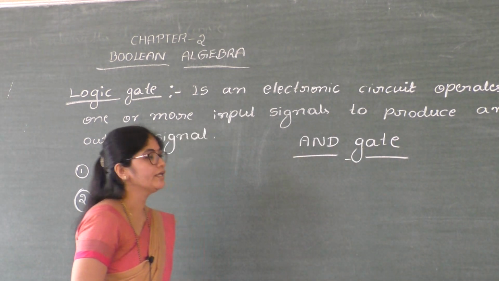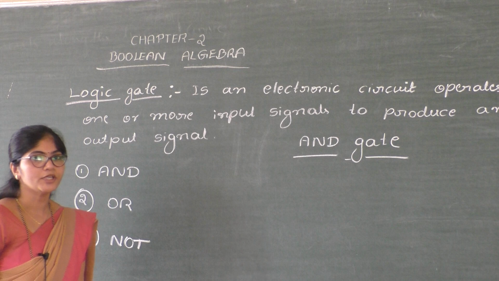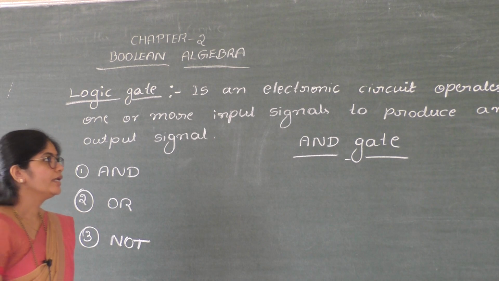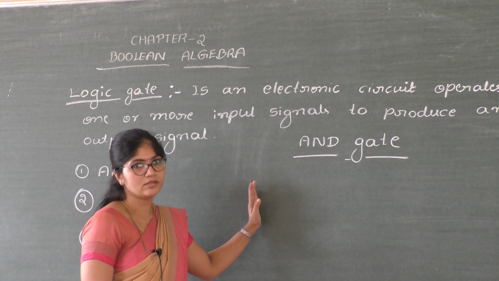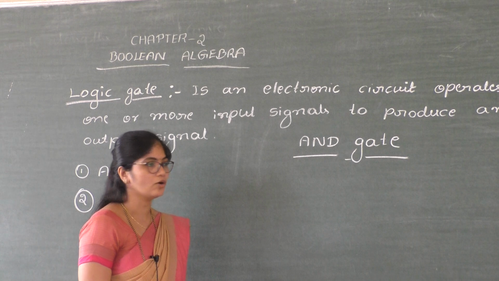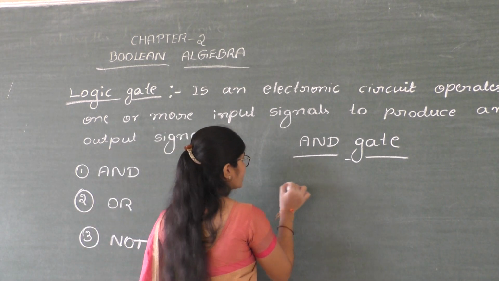A logic gate operates on one or more input signals to produce one output signal. Here AND gate has two or more input signals but only one output signal.